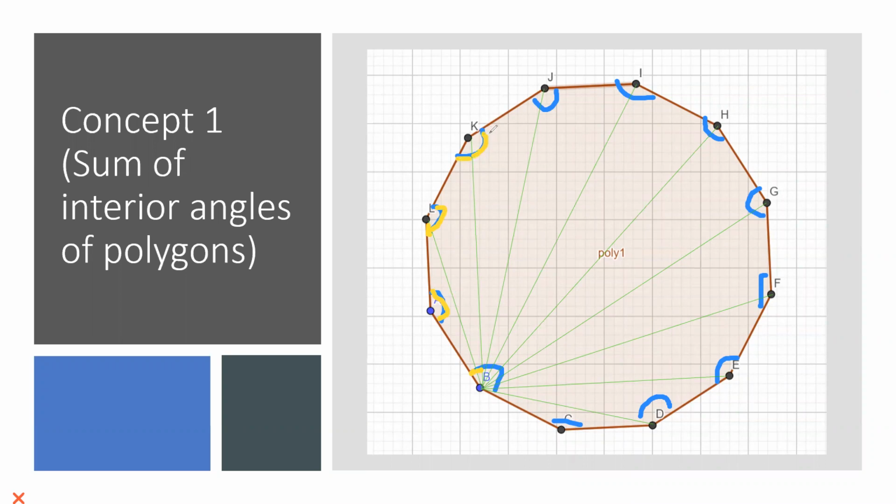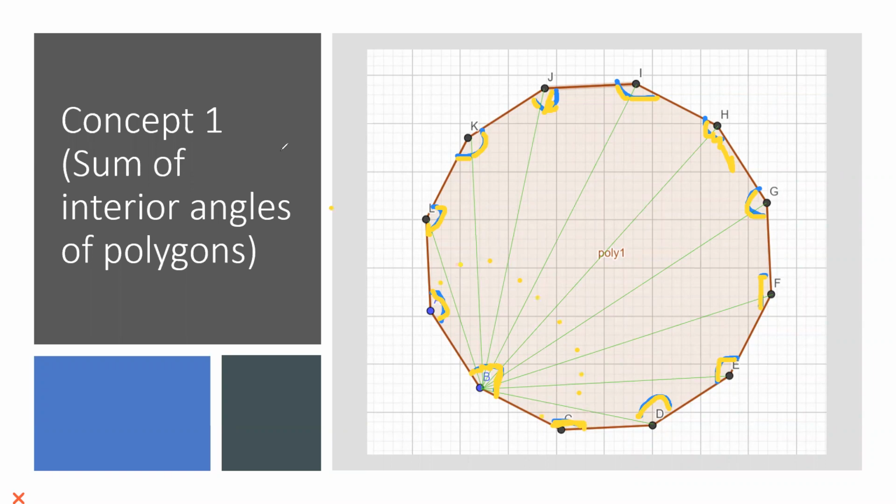Third one, marked, marked, marked. And this one, marked, marked, marked, and marked. All right, now we have marked all the angles. So we can see that 10 triangles cover everything in this polygon.